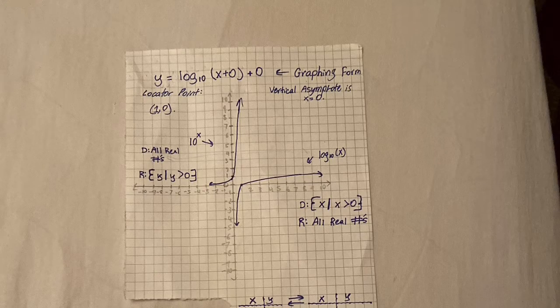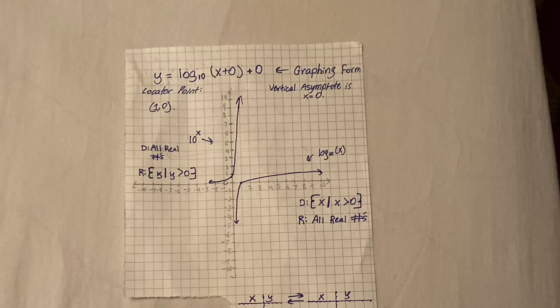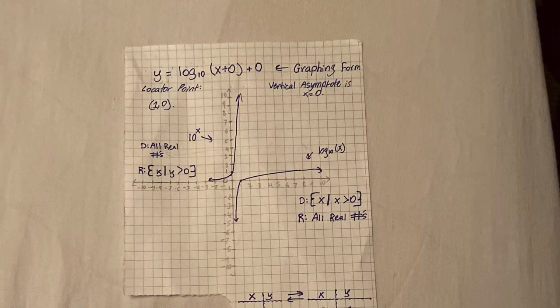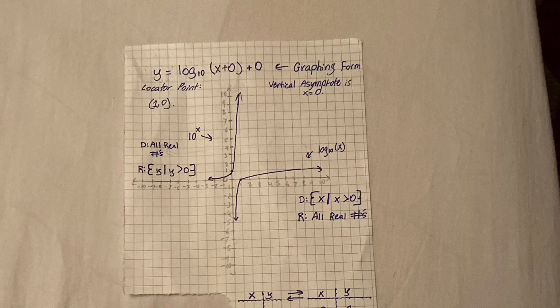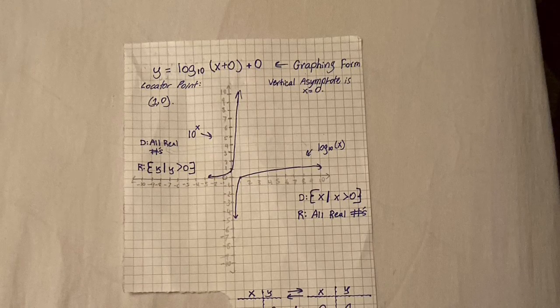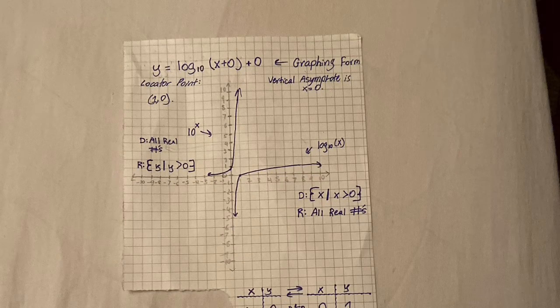For starters, what you need to know is that to switch a logarithm function into an exponential function, you must do exactly as what it is. We know that a logarithm is an inverse of an exponential function. Therefore, since we inverse the equation, we will also inverse the coordinates.